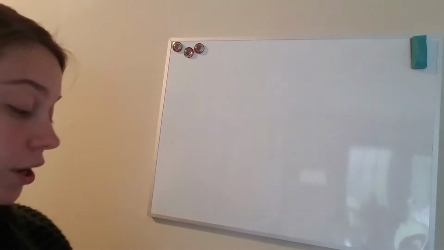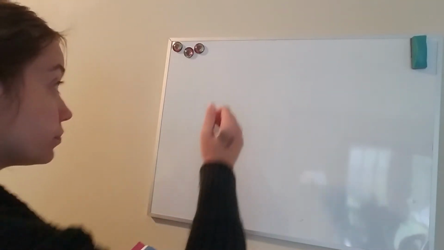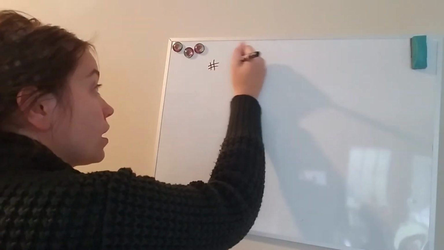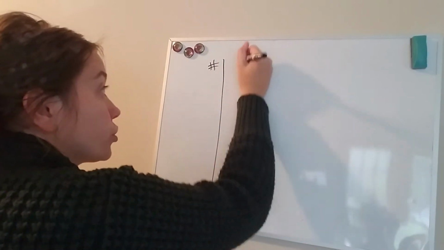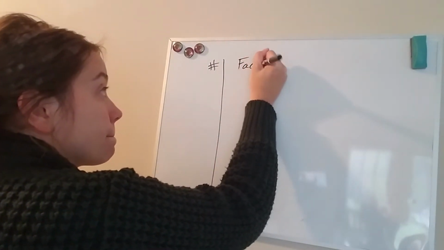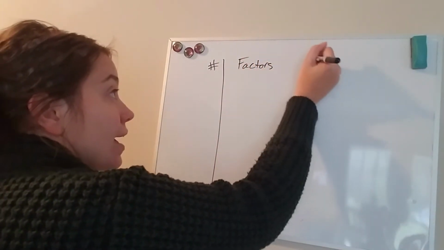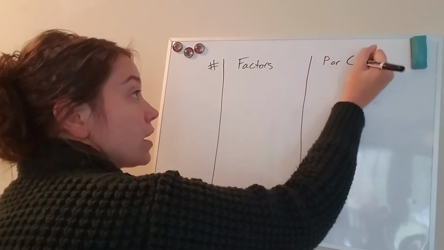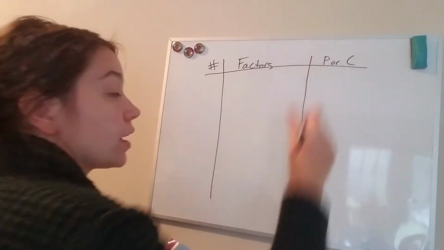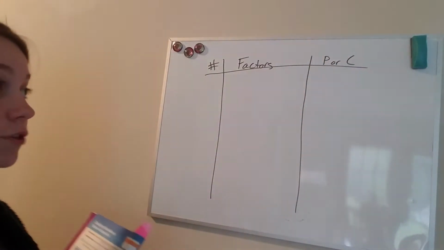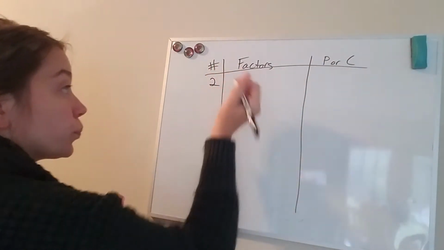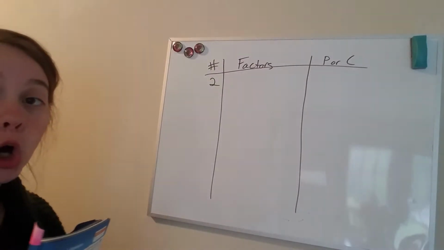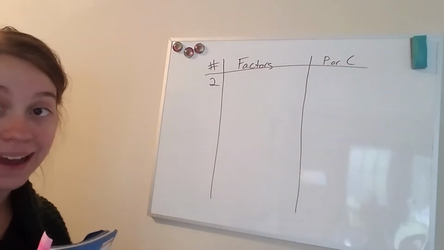So in our chart, it wants us to put the number, the factors, and then it wants us to say if it is prime or composite, P or C, okay? So the first number we have is 2. Now we need to think of all of the factors that we could have for 2.